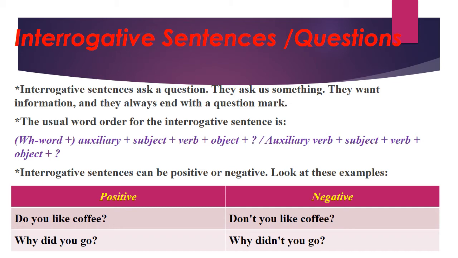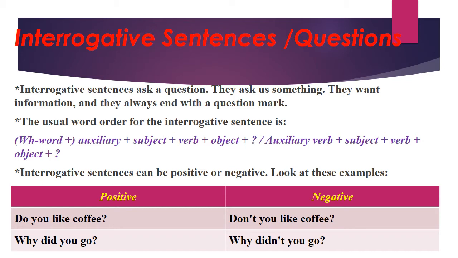Then interrogative sentences can be positive or negative, as it was discussed in assertive sentences. Even interrogative sentences can be either positive or negative. Let us see some examples. Do you like coffee? Yes, it is an interrogative sentence. Let us see the other side.